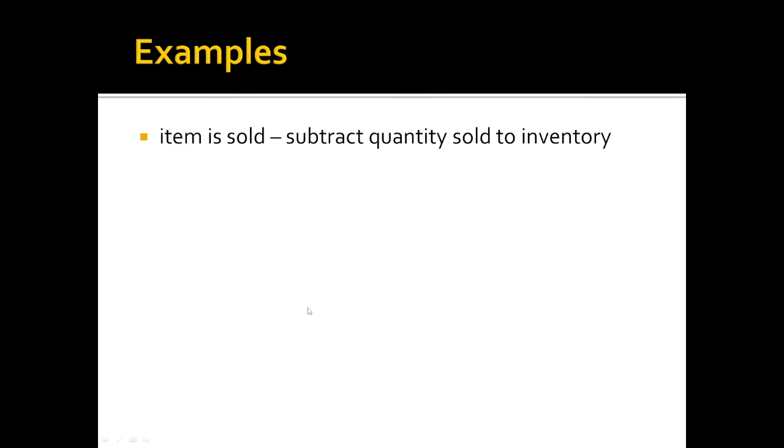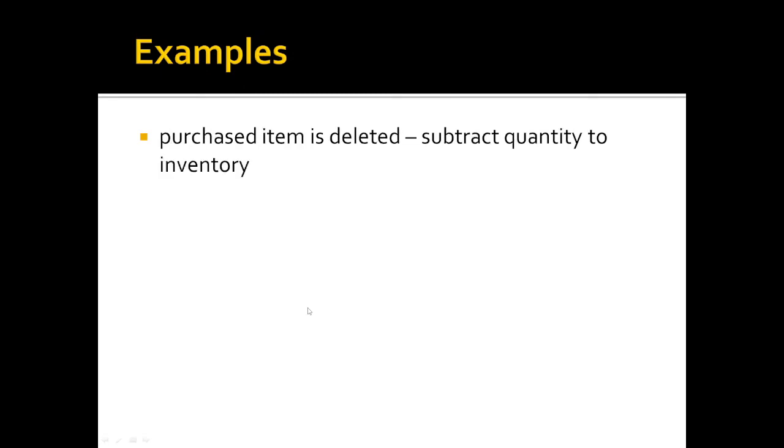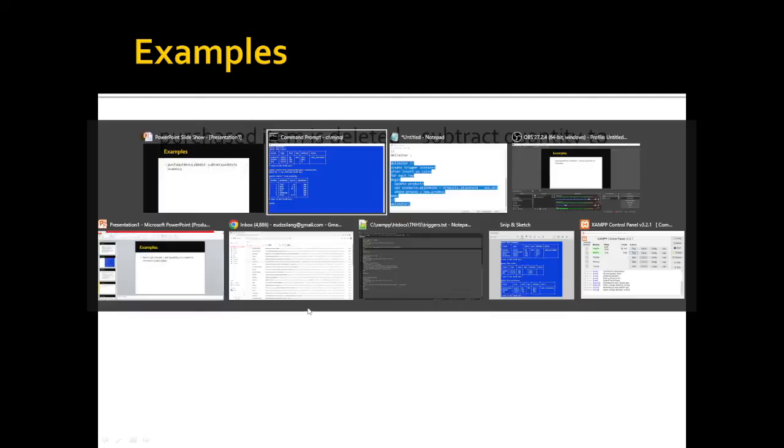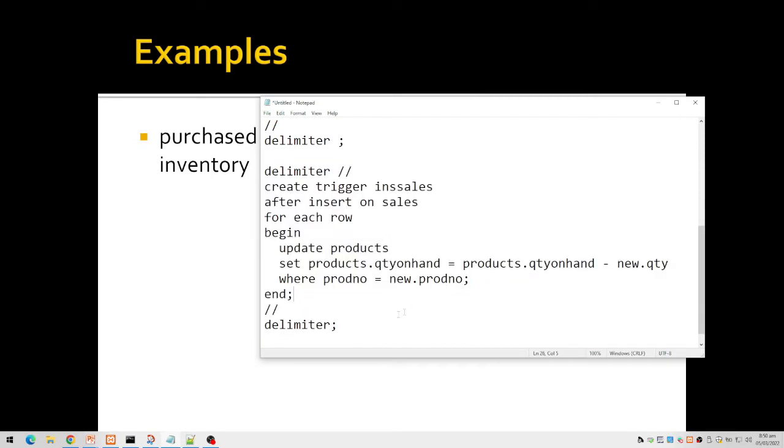Okay, so let's continue. So when the purchase item is deleted, we subtract quantity from the inventory. So purchase is deleted.